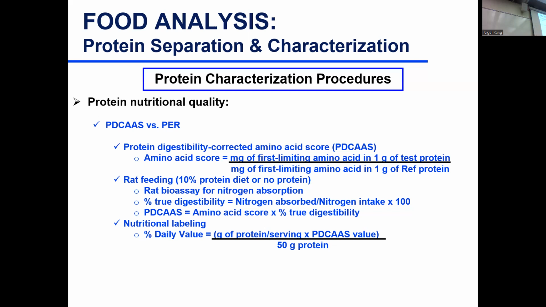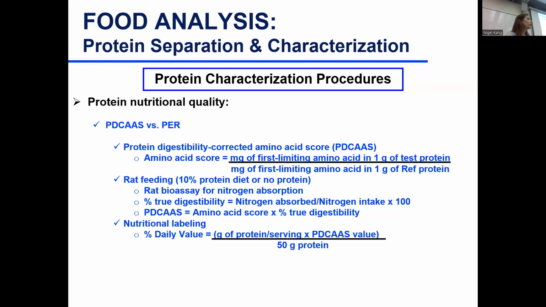The next step is to calculate and determine the percentage of true digestibility. We can calculate it based on nitrogen. So here we are talking about PDCAAS as an in vivo approach. Later, maybe I'll talk about in vitro.